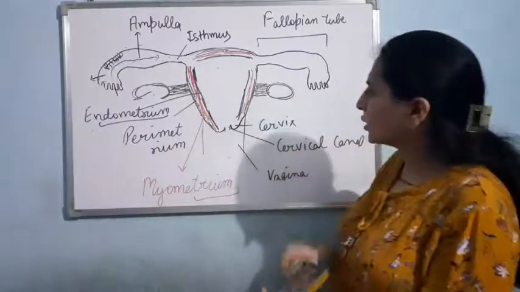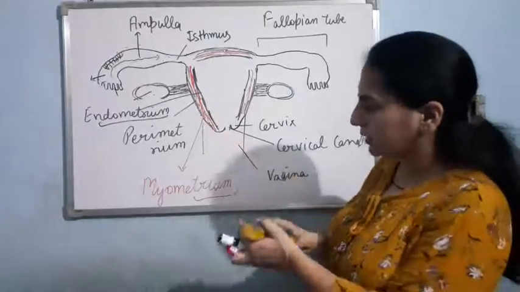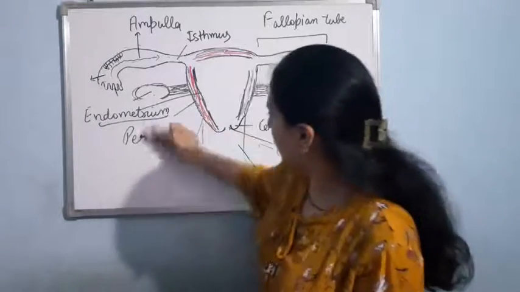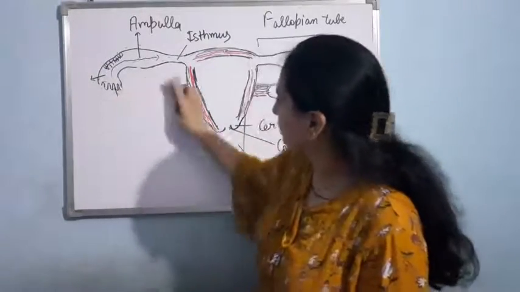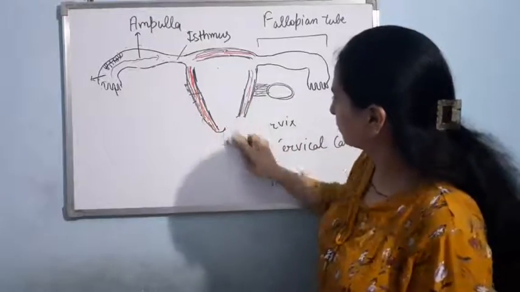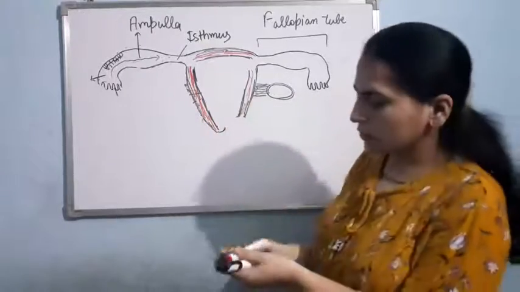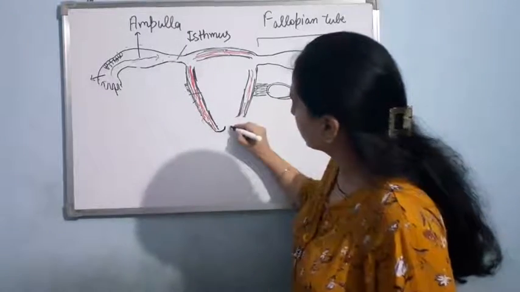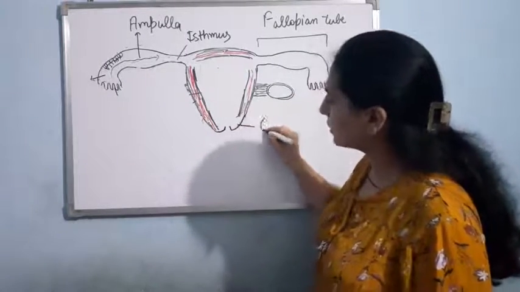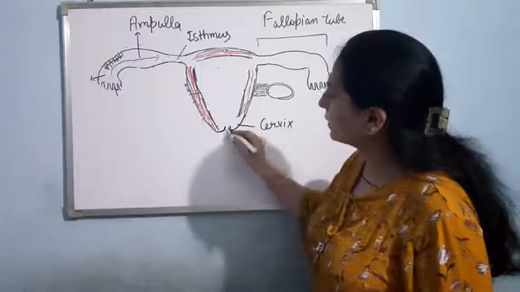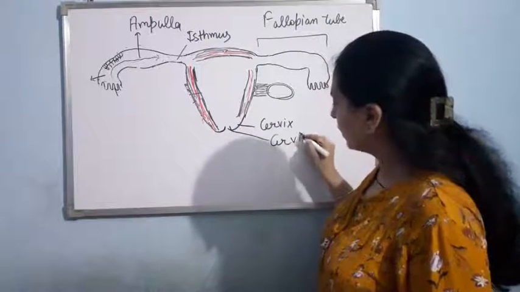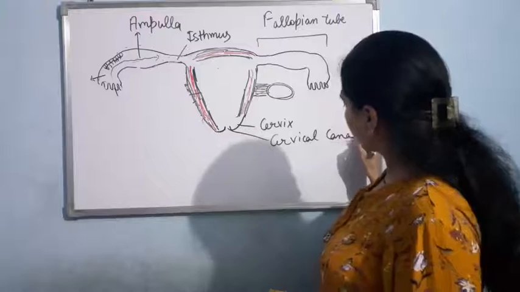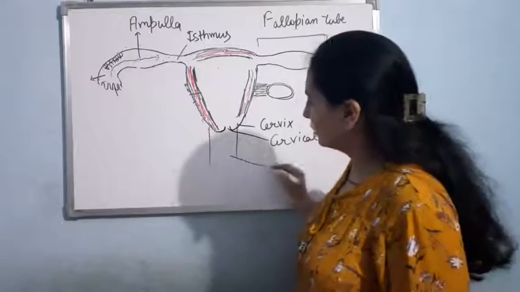Clear? If I talk about the cervix and the vagina, let me clear it a little bit. Okay. So here, cervix is there, and there is cervical canal, and then vagina, right?